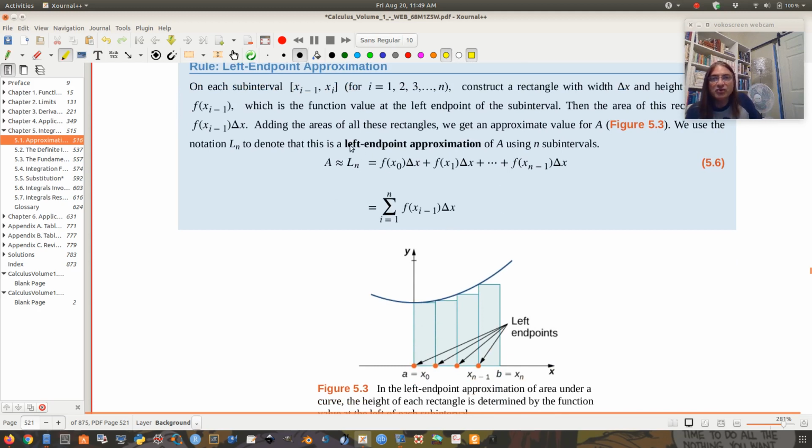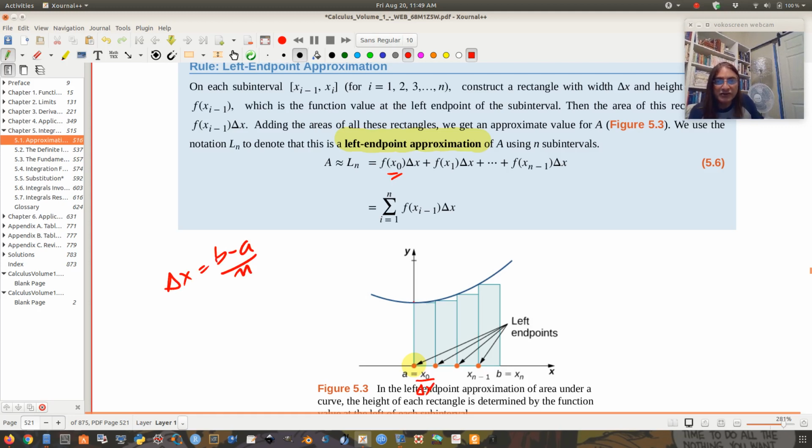One way is to take the left-hand approximation. For example, we have x0, x1, x2, x3, up to xn, right? So we have done the partition. For the first one, you take the function value f(x0) times delta x, which is the width. And remember, delta x is (b minus a) over n.